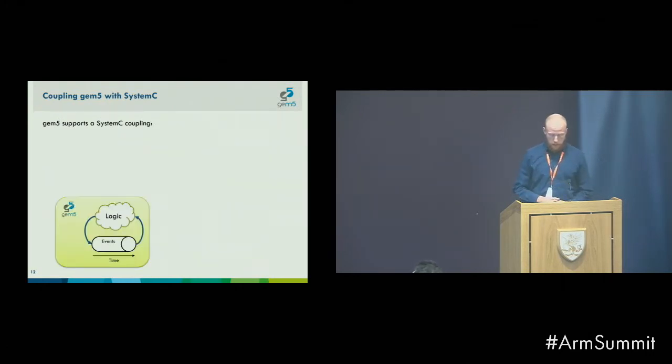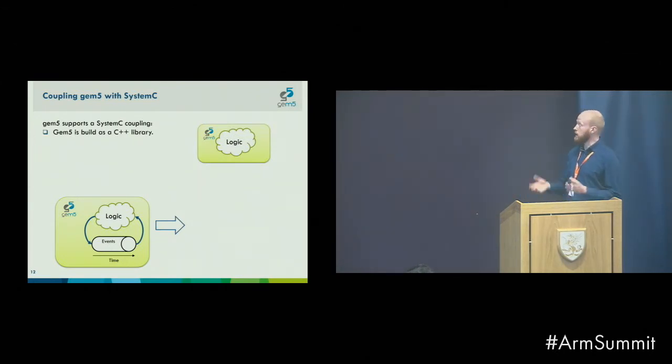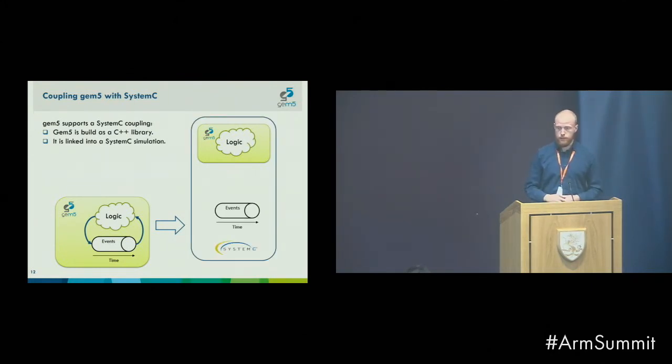When we look at Gem5, it's basically an event-driven simulation kernel, and then some logic that models hardware. And now what we can do is compile Gem5 as a library and only use this logic. And we can link this to a SystemC project. And then what we have is a SystemC simulation kernel and Gem5 logic.